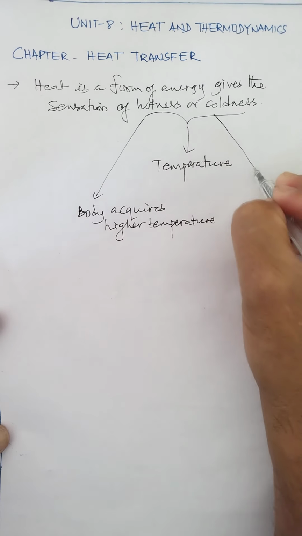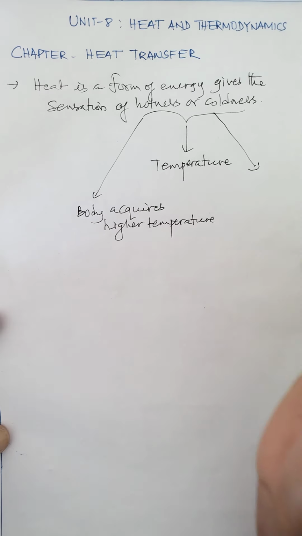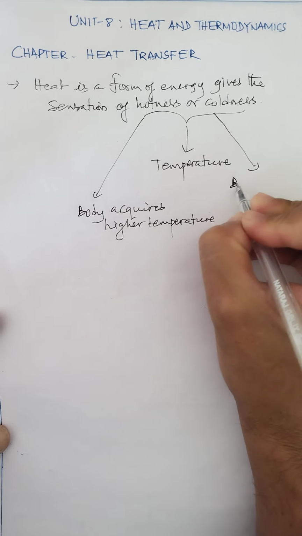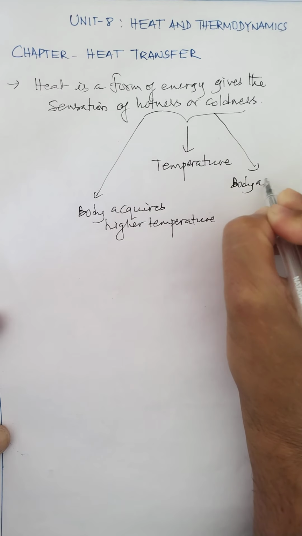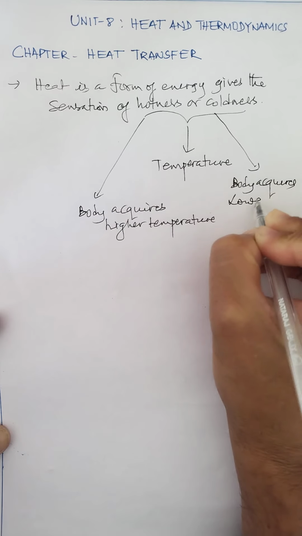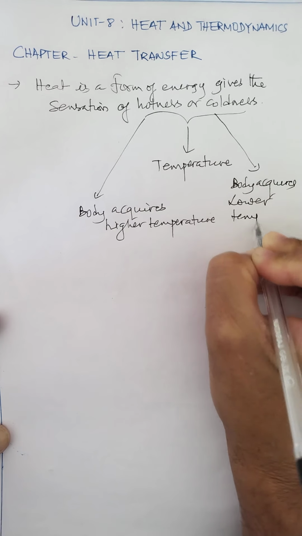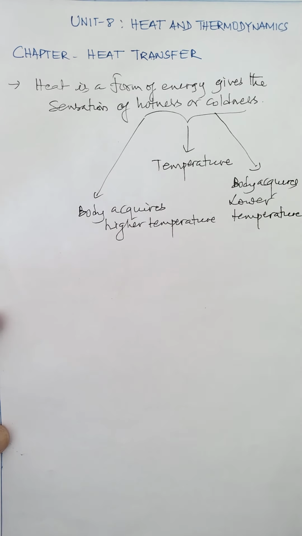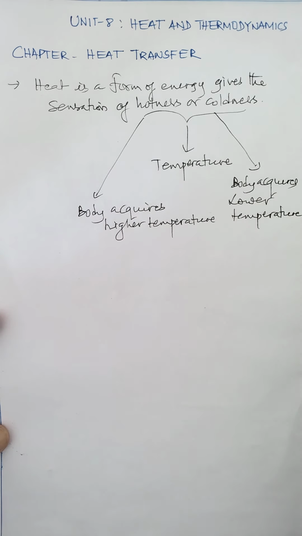The coolness means the body is at low temperature. Coldness means the body acquires lower temperature. That means all bodies do not acquire the same temperature. A hot body acquires higher temperature, and a cold body usually acquires low temperature.